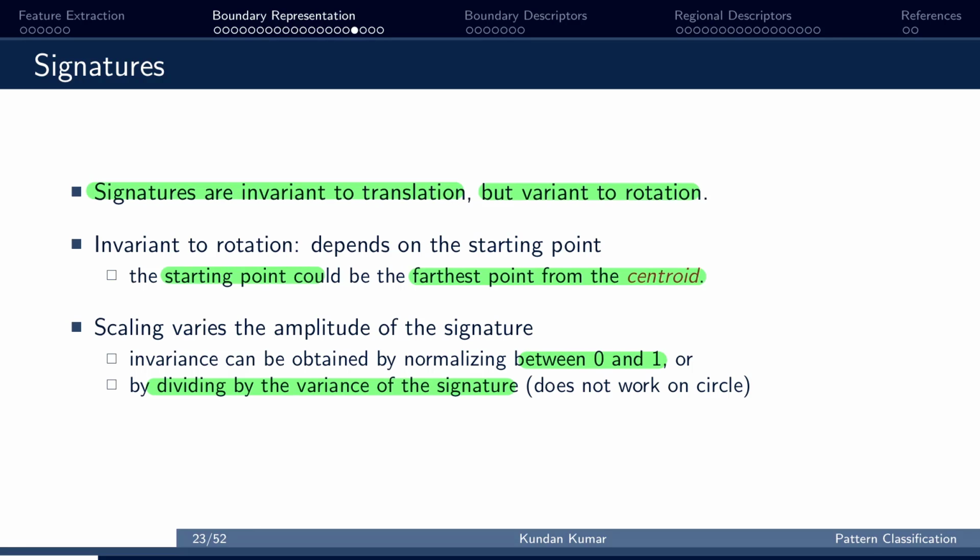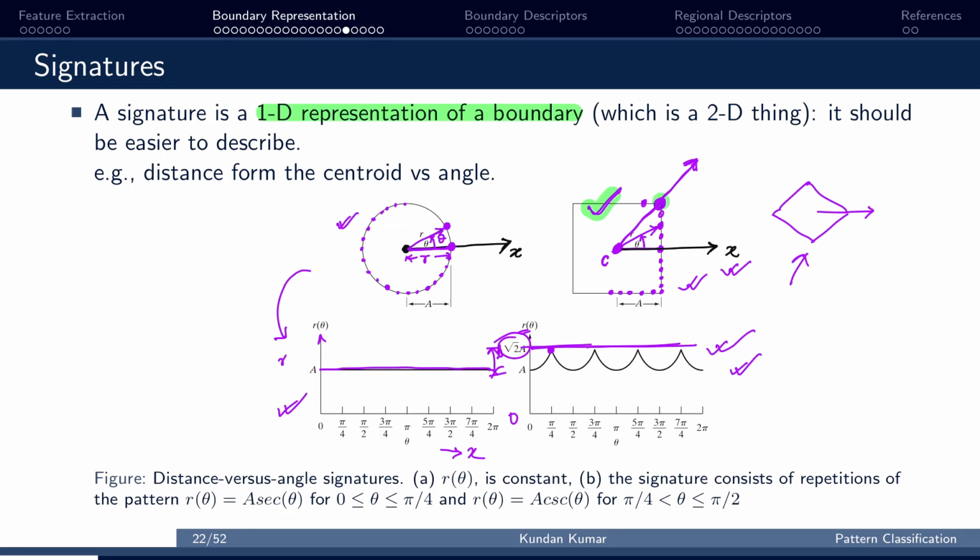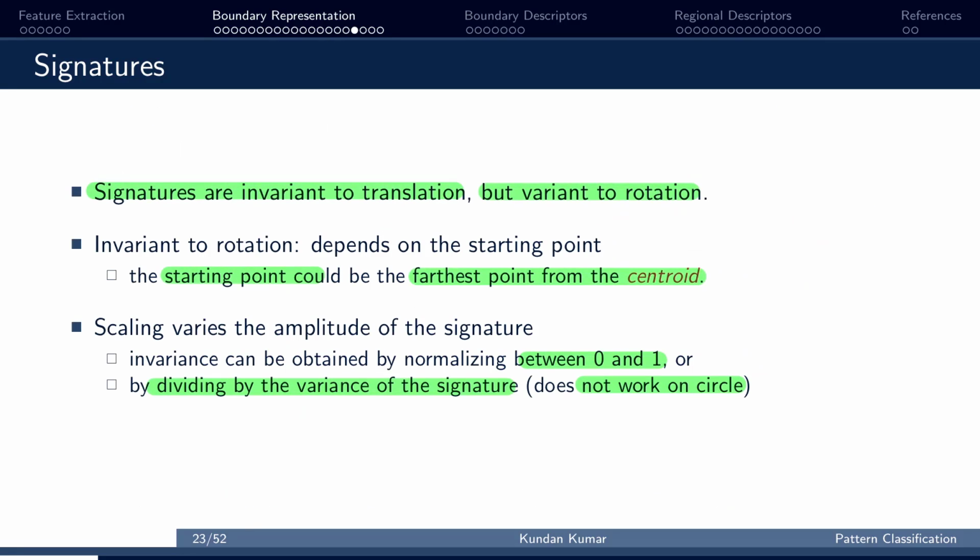So either we can make it between 0 to 1, or we can divide the signature by the variance of the signature. But this will not work on the circle, because the variance of a circle is 0, since there is no variation. So when we divide by 0, it will be undefined. That's why it is not applicable for the circle. So these are the two ways we can make our signature scale invariant.